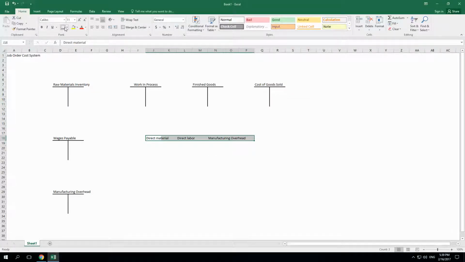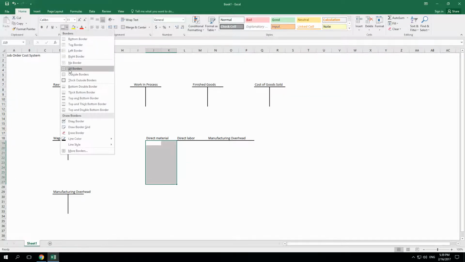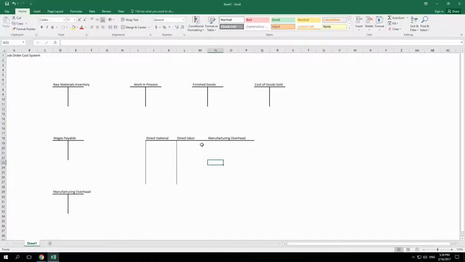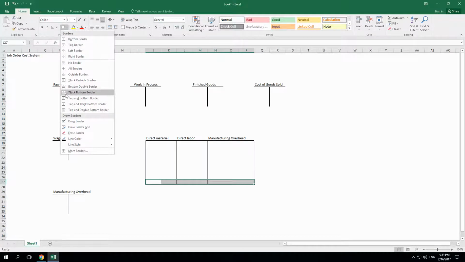Okay. So I won't build the whole thing, but it probably would have columns. And let's see, we'll make something look like that real quick here. Okay. And you could tally up the cost for each job on its individual record. So you would have direct material costs, direct labor costs, manufacturing overhead costs, and then you probably would have a total down at the bottom. Okay.